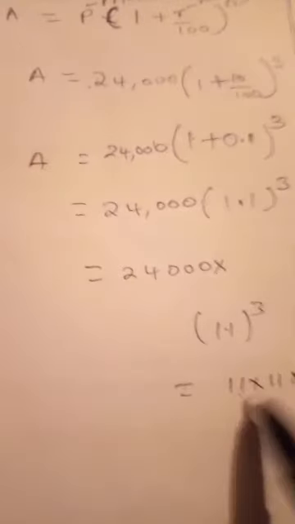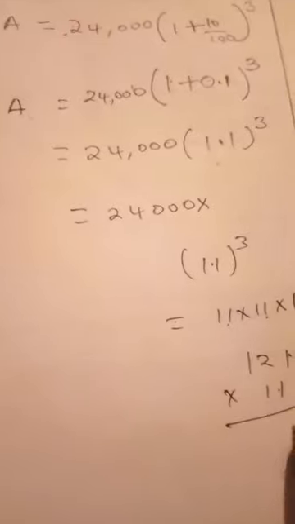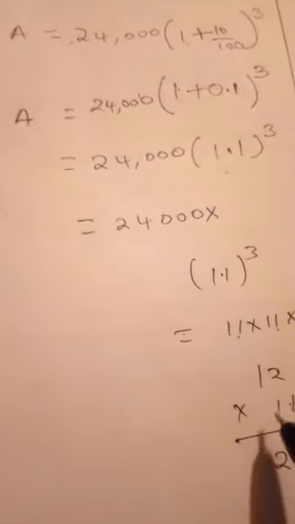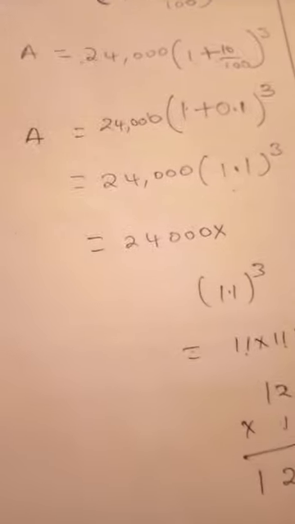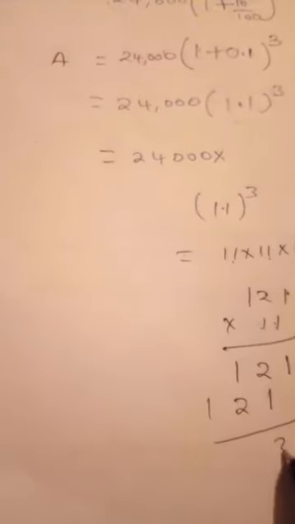11 times 11 is 121. So it is 121 times 11. This is 1, this is 2, this is 1. That is 1, that is 2, and this is 1. So we get 1, 3, 3, 1.